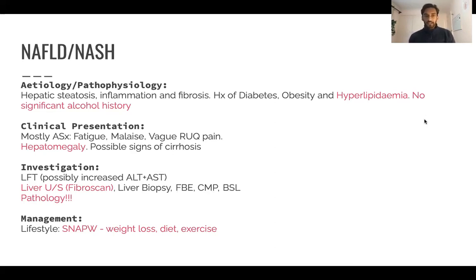And this is a condition that you guys probably learned in PAP. I know everyone hates PAP, but it's definitely important for GIT and hepatobiliary, as well as just getting used to the classic findings. So steatosis, inflammation, and fibrosis, start thinking AFLD and NAFLD. And then your management is super easy, just focus on lifestyle.